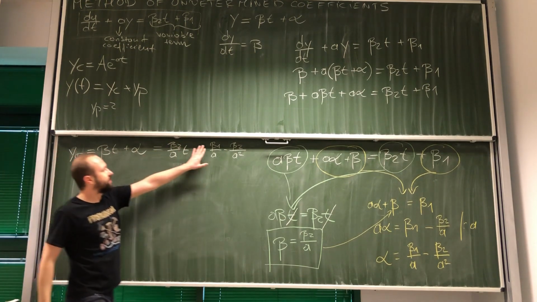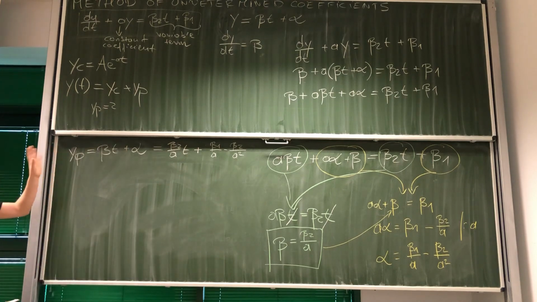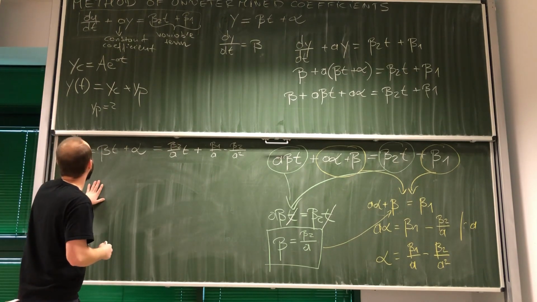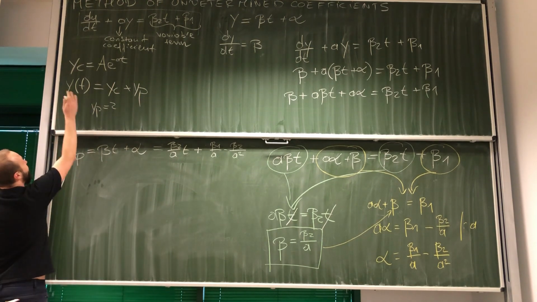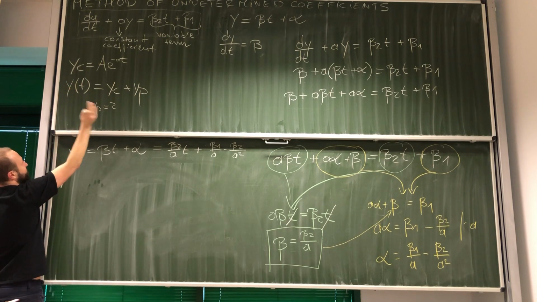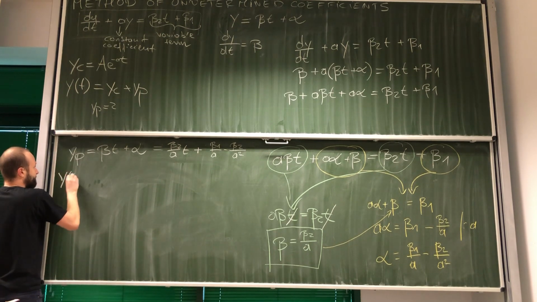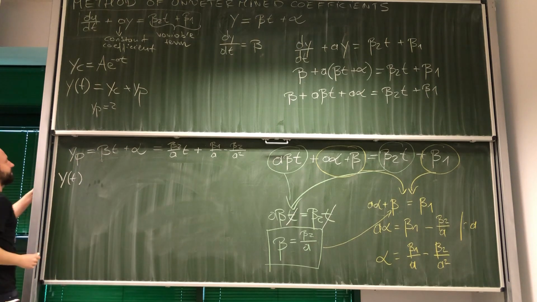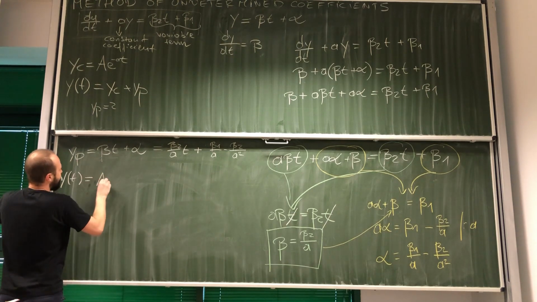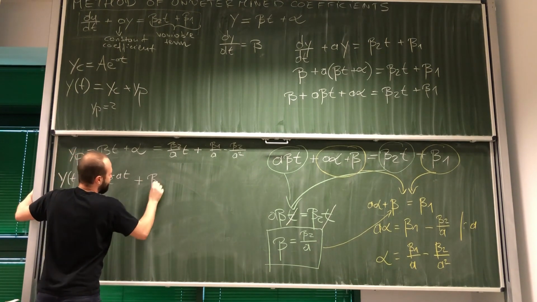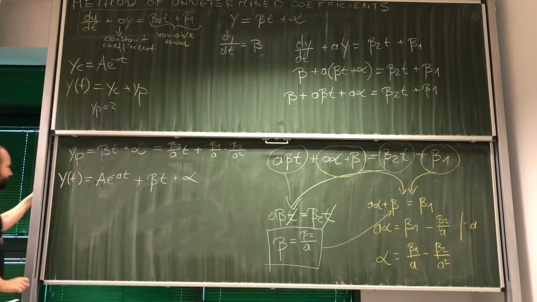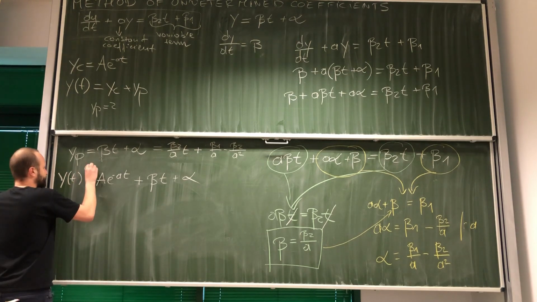Because this is a very complex expression, or maybe not very complex, but inconvenient, when I make the time path by adding the complementary function and particular integral, I'm going to use this expression for the particular integral. So we've got that this is A e to the power negative at plus beta t plus alpha. And of course, this is what we call the general solution.